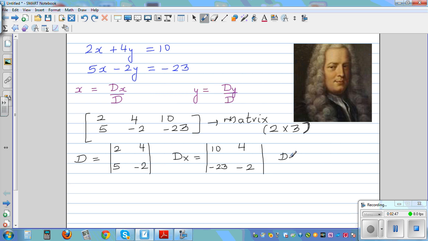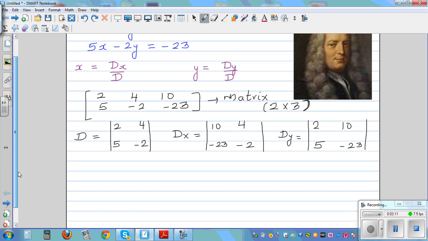So dy is equal to the determinant of, you don't write the coefficients of y, you write the coefficient of x where it is, that is 2, 5, and in place of y you write the constant 10 comma negative 23.